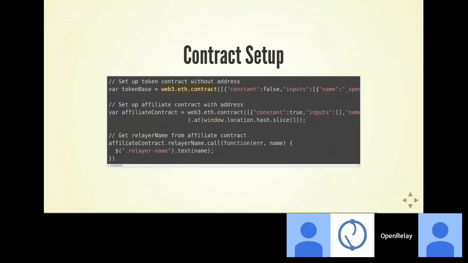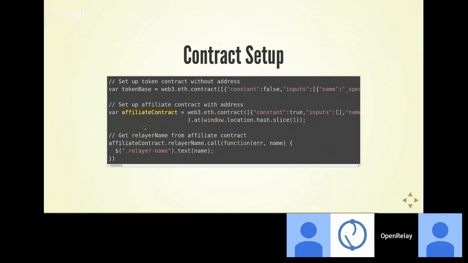Next, we need to be able to interact with the affiliate contract. So once again, we have the web3.eth.contract, and then we provide the affiliate ABI. In this case, we do know the contract address, and there's only going to be one that we want to interact with. So we pull the affiliate contract address out of the URL, and we set up our affiliate contract ready to interact with that address.